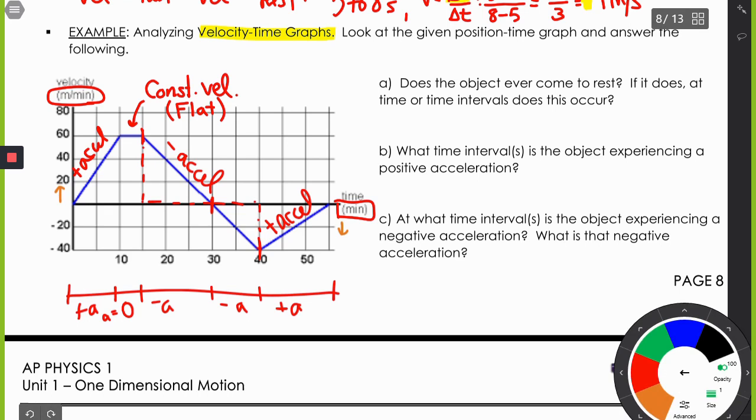Now, are there any points of rest? Yes. Here, here, and here, right? So I'll put them on our little timeline. And how do we know that those are rest? Because it hits the axis. Does it mean that it rests for a long time? No, it's a turning point for us on these graphs, okay?